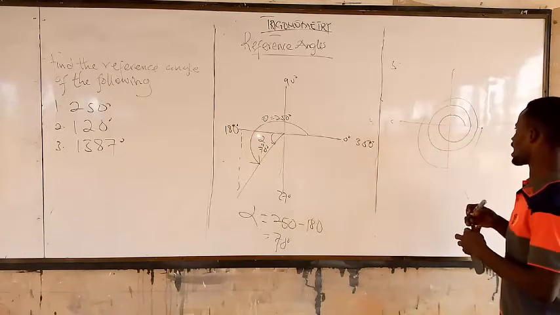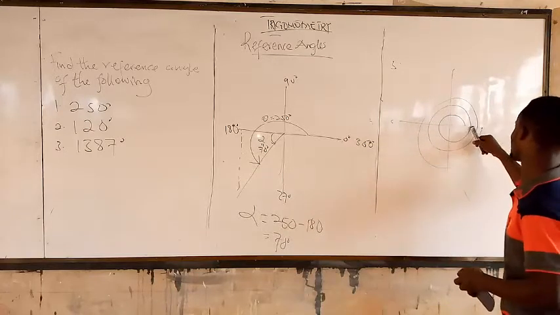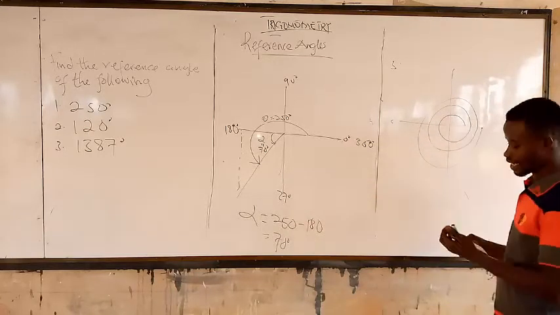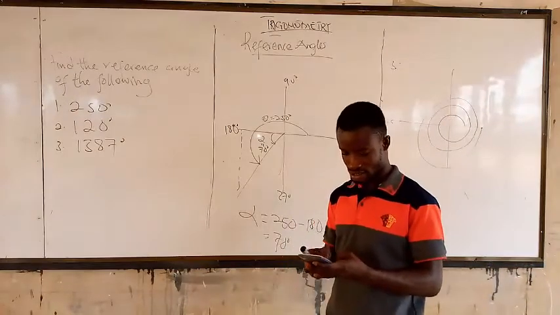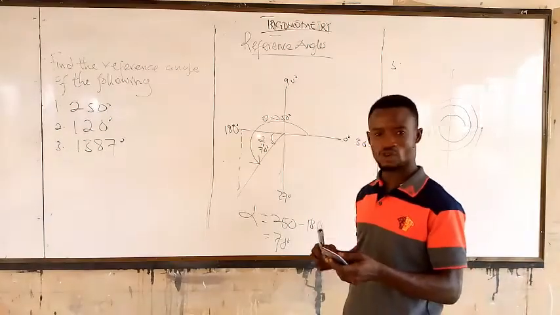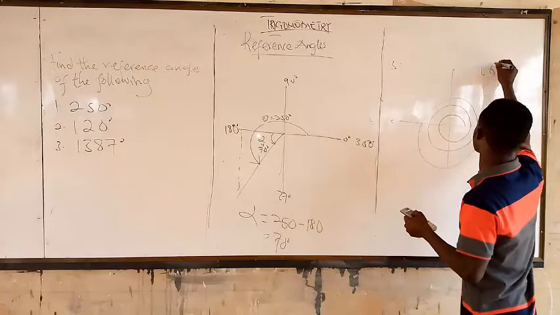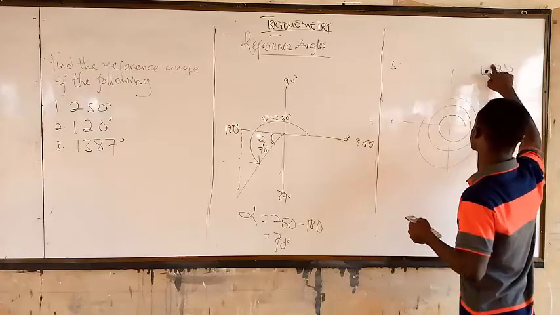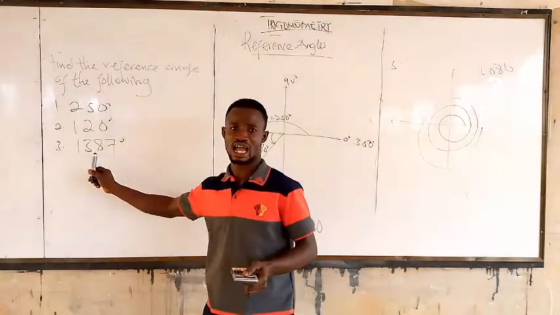So you can see 360 three times: 1, 2, and 3. So multiply 3 times 360. Then you get 1,080. And it's still not up to this number.